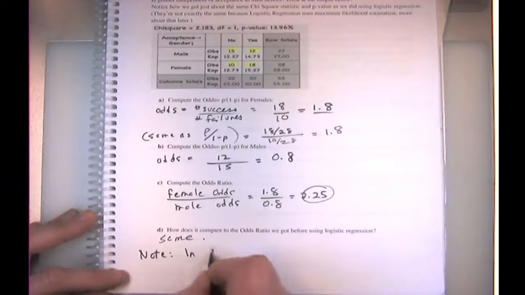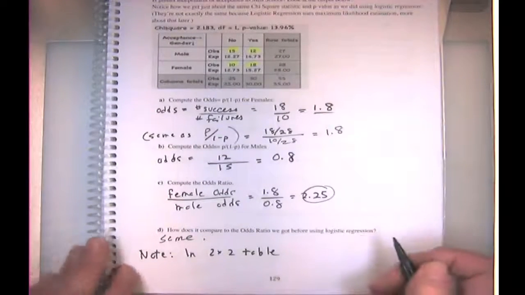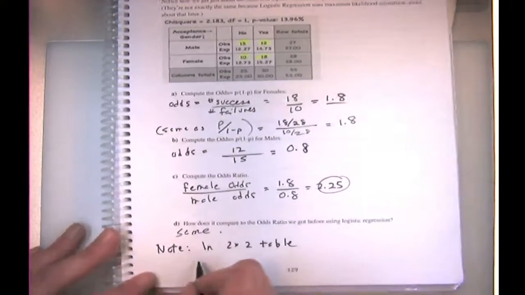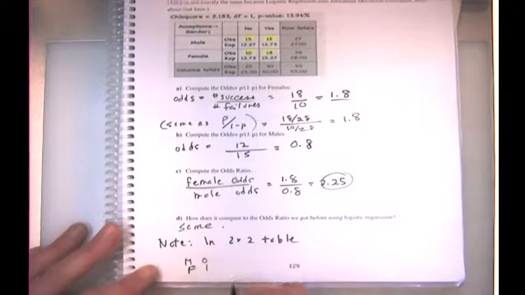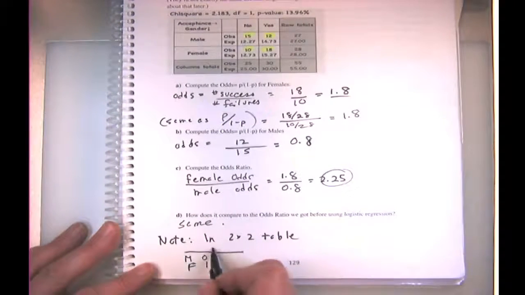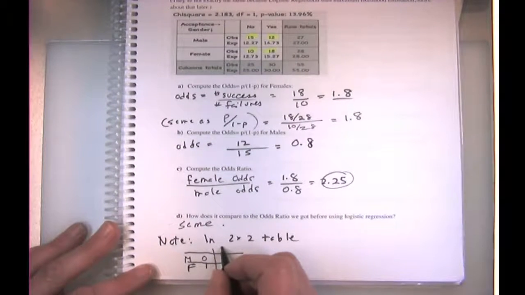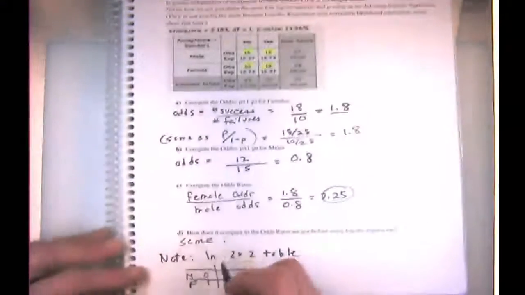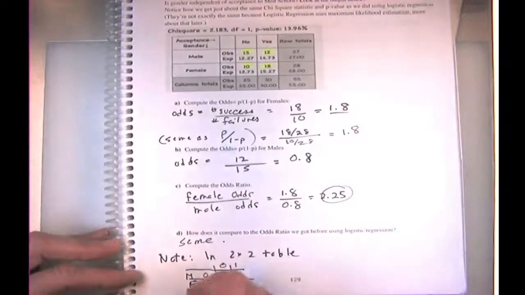In a 2x2 table, we can just make the same table. We have 0, 1, male and female, and then up here we have 0, 1, no and yes.